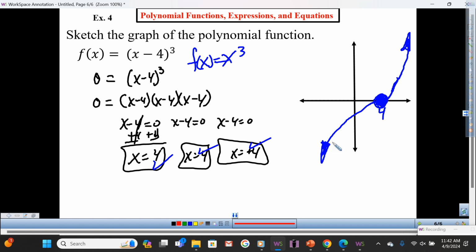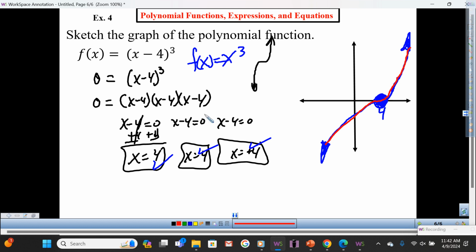Let me show you that with red. Here it goes. Starts on the left side, does a little wiggle right here, and then it pushes through, like so. In case you forgot what that looks like, a cubic function looks like this. And that's why we do this when it's a triple root.